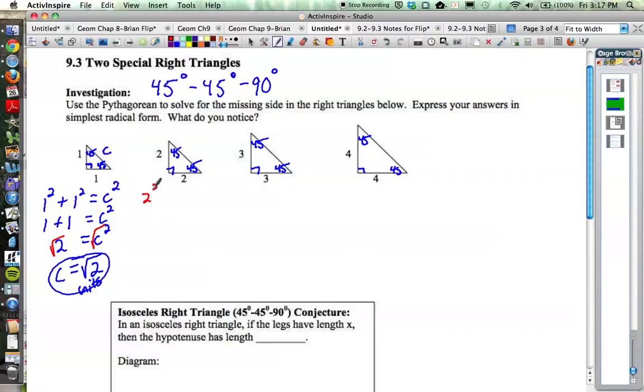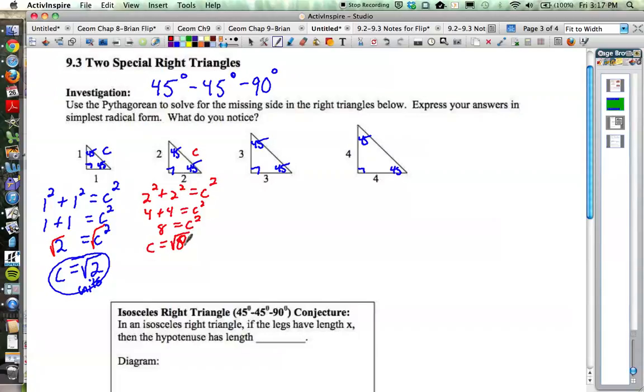We have 2 squared plus 2 squared is equal to, again, let's call that c, so c squared. So that'd be 4 plus 4 is equal to c squared. 8 is equal to c squared. So c is the square root of 8. But what I want to do with this is just put it in the simplest radical form. So remember how to do that.